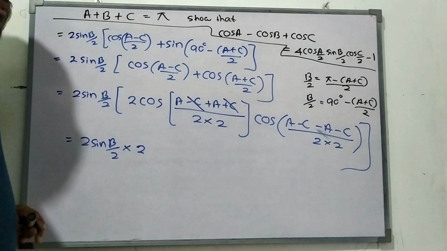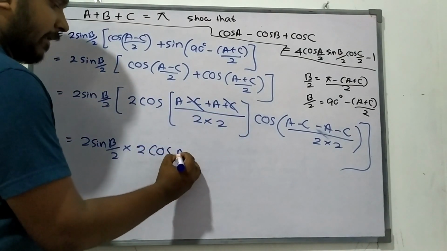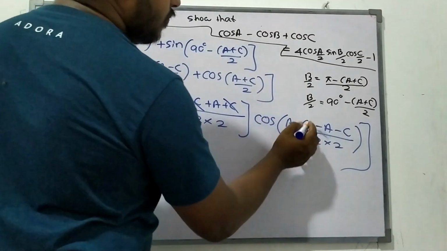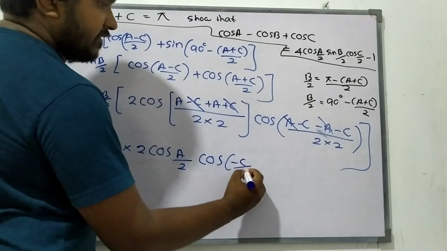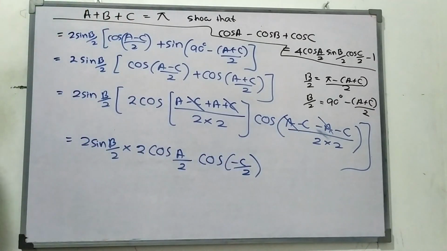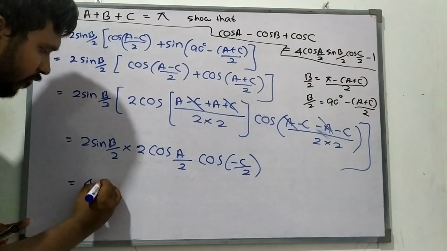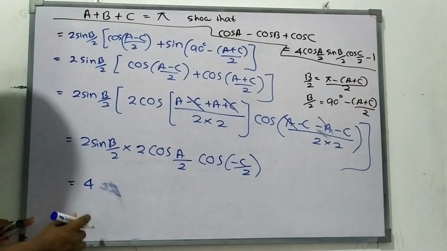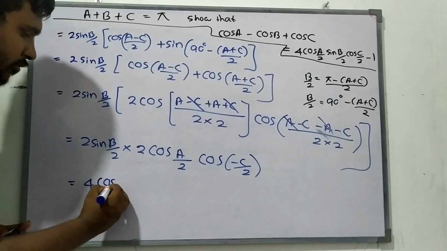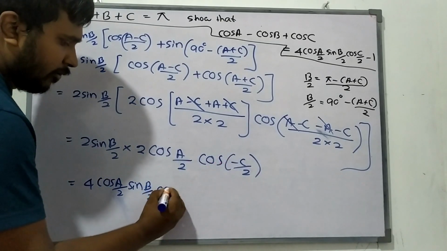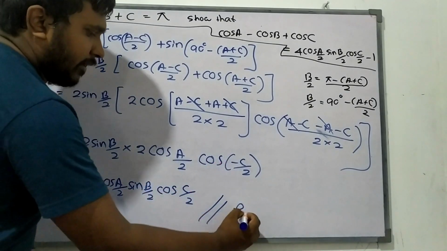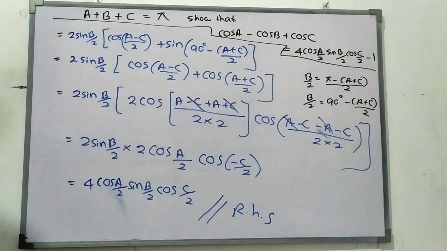A divided by 2 means cos a over 2, cos (a minus c) by 2... Actually minus c by 2 means 4 cos a by 2 sin b by 2 and cos c by 2. This is my right hand side. Hope you all are okay with that question.